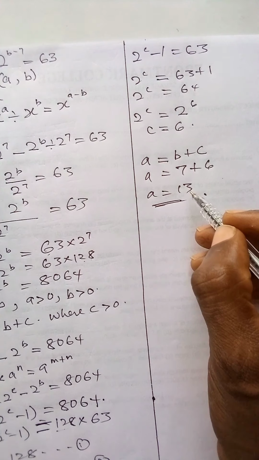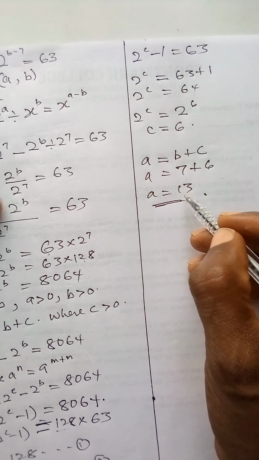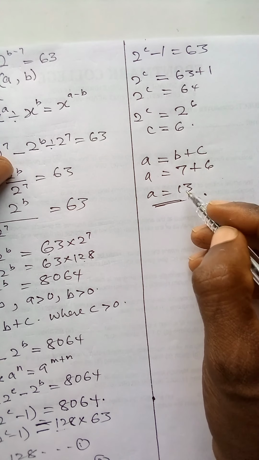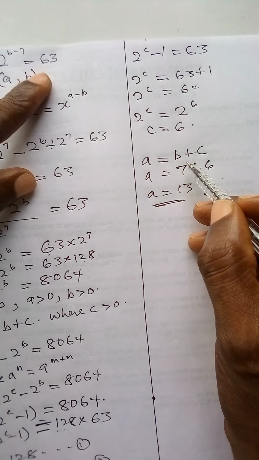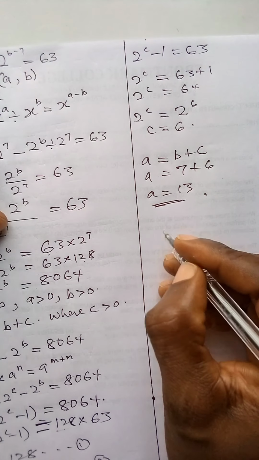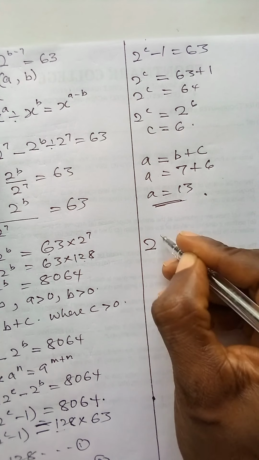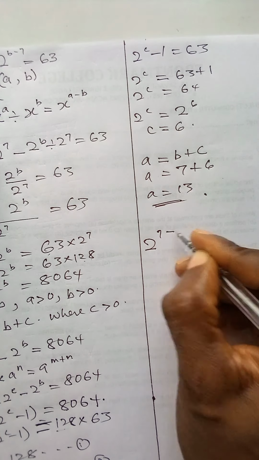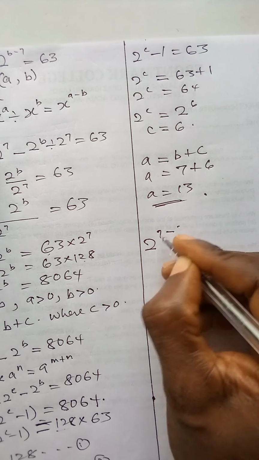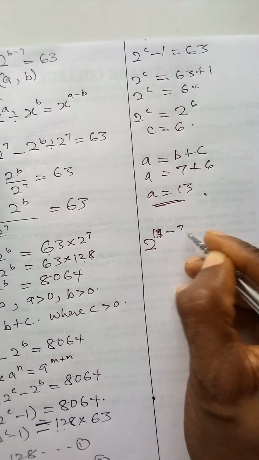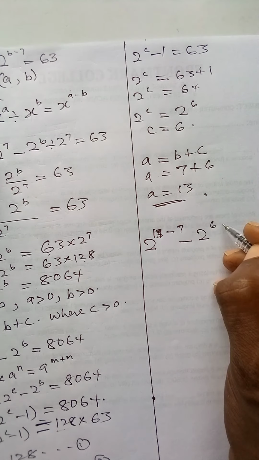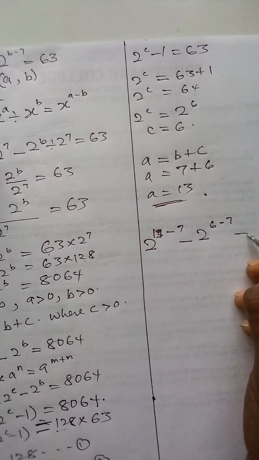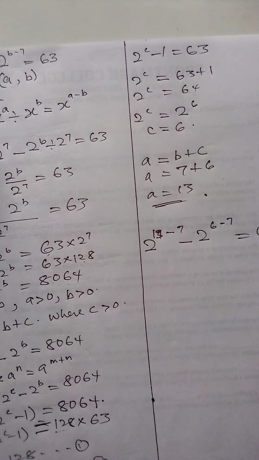We can put in the values of 13 for a and 7 for b, and then check if it is equal to 63. Let us do that. So 2 to power 13 minus 7, minus 2 to power b minus 7, b is 7.